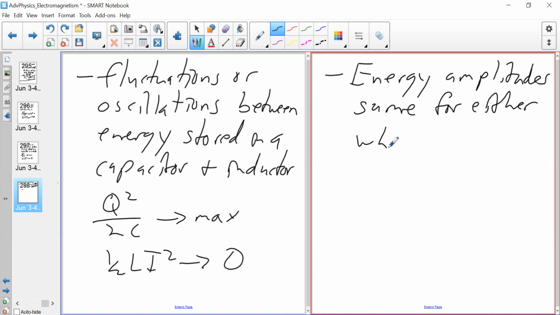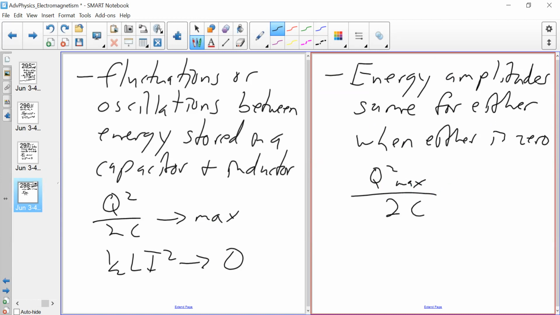So we have a situation where Q squared max over 2C equals L i squared max over 2.